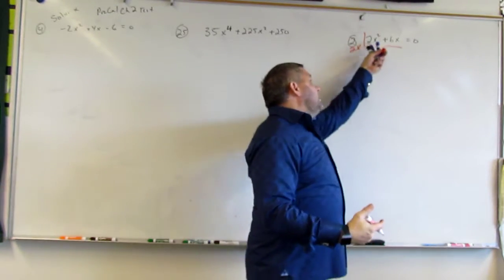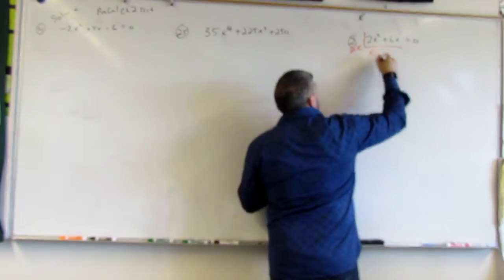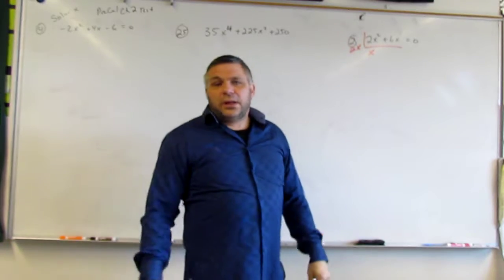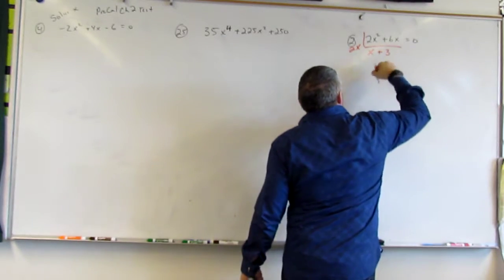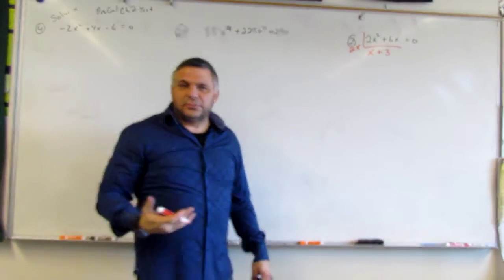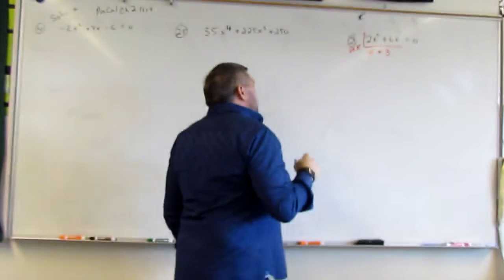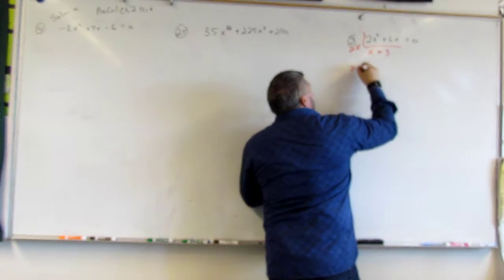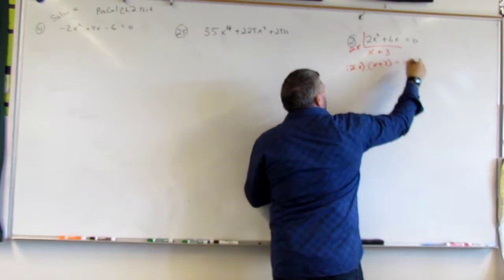And if I take one of these x's away from my x squared, then I'm left with just x. Now how many times does 2 go into 6? 3. And if I take an x out, then how many x's are left? None, right? So I'm left with 2x times x plus 3 equals 0.